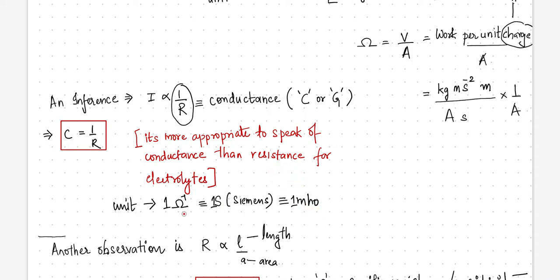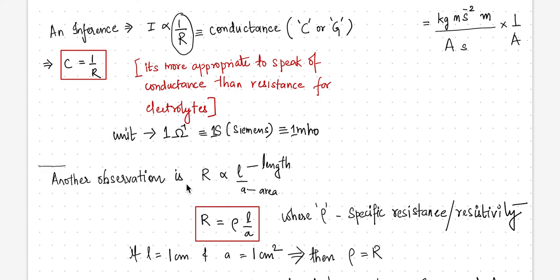So these are the three different ways in which you can put the unit for conductance. In electrolytes, we talk more in terms of conductance of the electrolyte rather than using the term resistance.